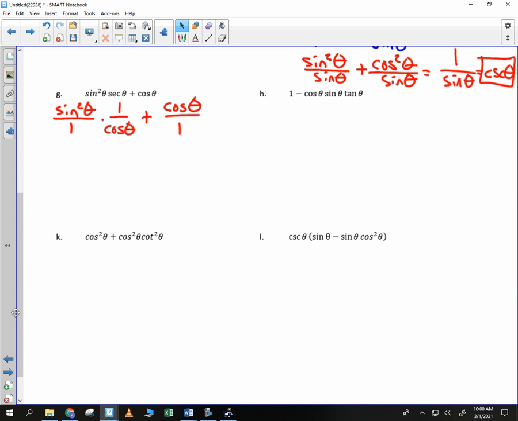I've got a sine squared. I don't have a cosine squared. What could I do to create a cosine squared? If I want to create common denominators, I'm going to multiply this side, top and bottom, by cosine of theta.